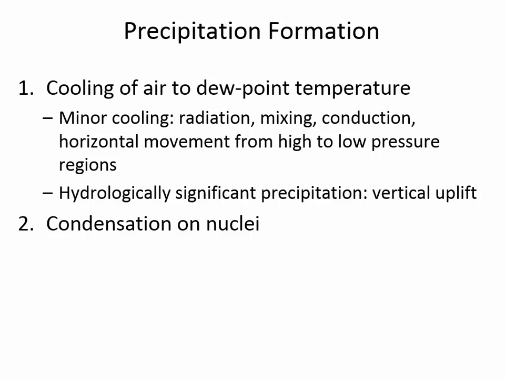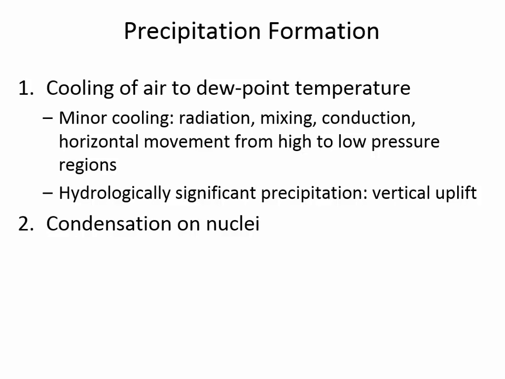When the air cools, less moisture can be held by it. The solubility of water in air goes up with increasing temperature, so when the air cools, moisture that used to be dissolved in the air has to come out of solution. It goes from the vapor phase to the liquid phase.